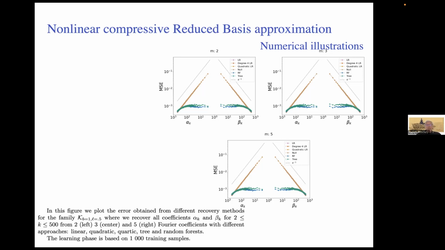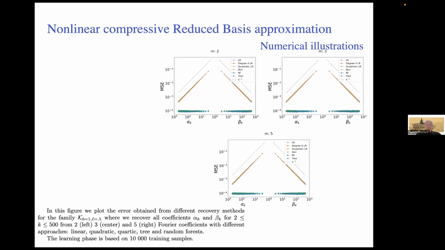The good idea is to use a regression tree or a random forest in order to approximate this solution. You see that with 1,000 training samples, this is the accuracy we get. If we go to 10,000 training samples, we get an accuracy of 10 to the minus 4, which is quite good.